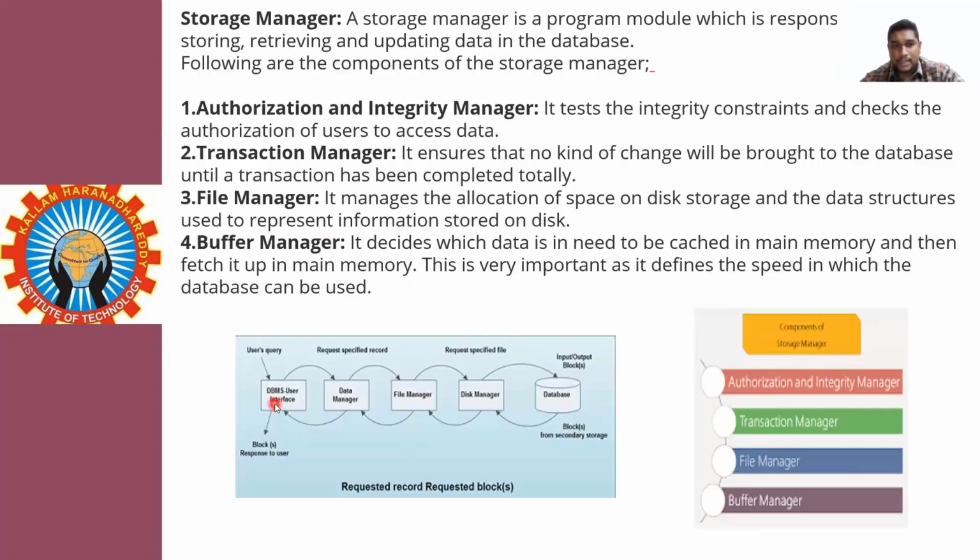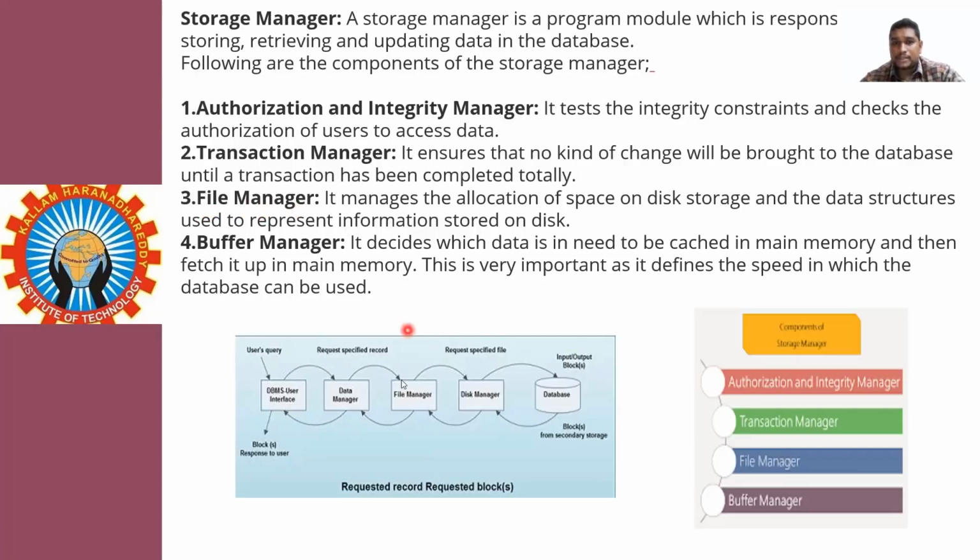That is, the user gives his data. Next, the data manager checks. The data manager is these two: the authorization and integrity manager and the transaction manager. This checks whether there are some constraints or not, or whether the transaction is correct or not. After it is good, it moves to the file manager.